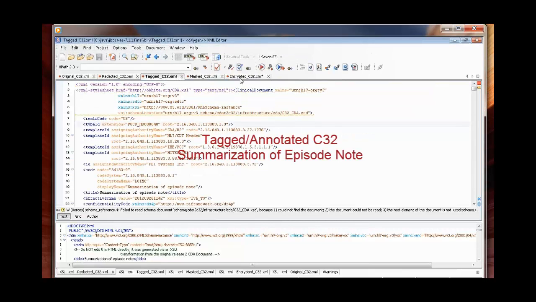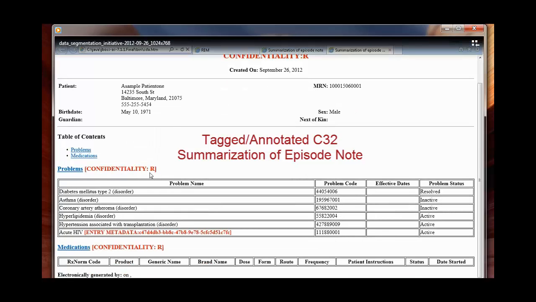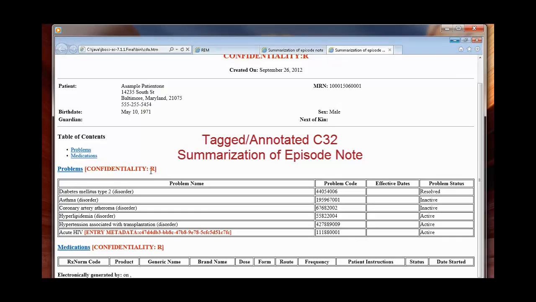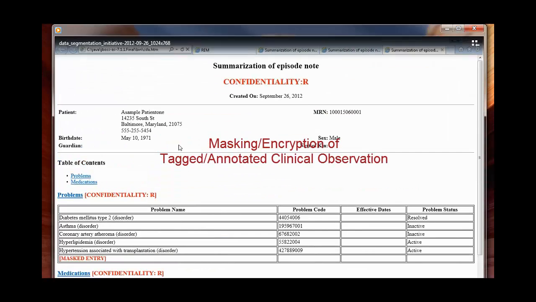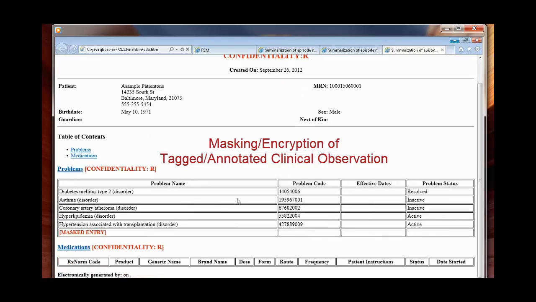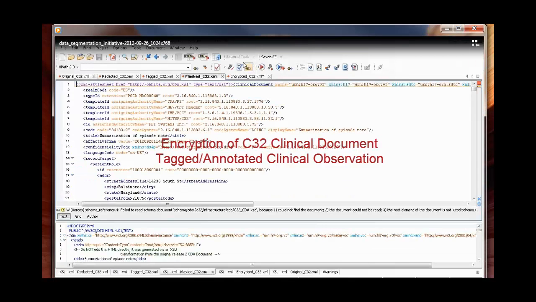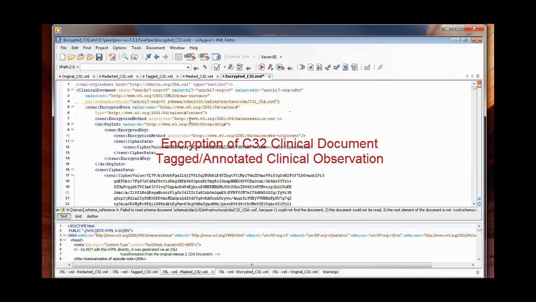Tagging the document for confidentiality and sensitivity at the document, section, and entry level then occurs. Masking or encryption of specific observations for the recipient's eyes only is then accomplished. Note that HIV has been masked. The entire document is then encrypted and bundled into an XDM package.